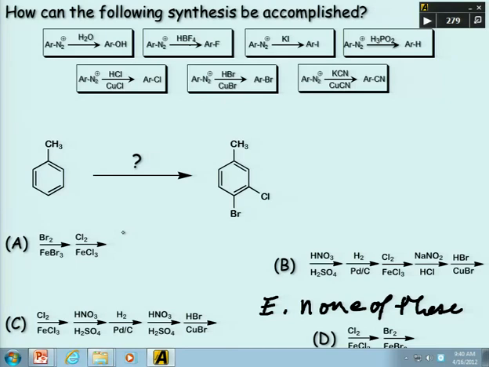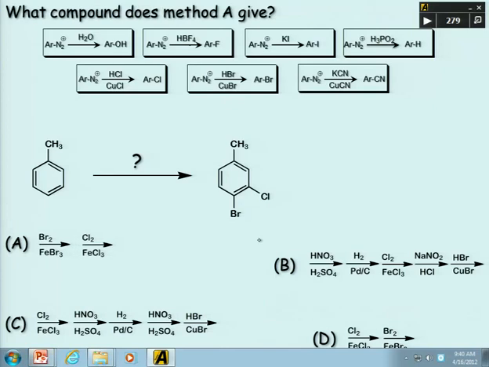What he said is that when we brominate, we're going to go para, but now when we chlorinate, are we going to go ortho to the bromine, or ortho to the methyl group? He said ortho to the methyl group.